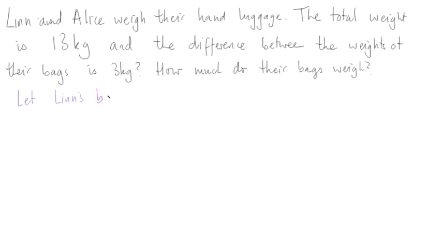Let Lynn's bag be X and Alice's bag be Y. So we can let them be any value. And now we can write down an algebraic expression for their weights. We know that the sum of their weights is 13. We can write that as X plus Y equals 13.